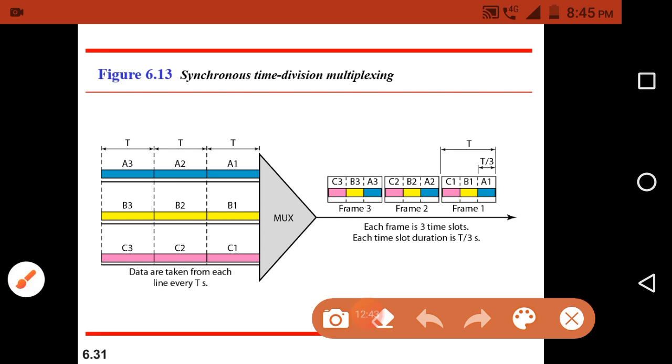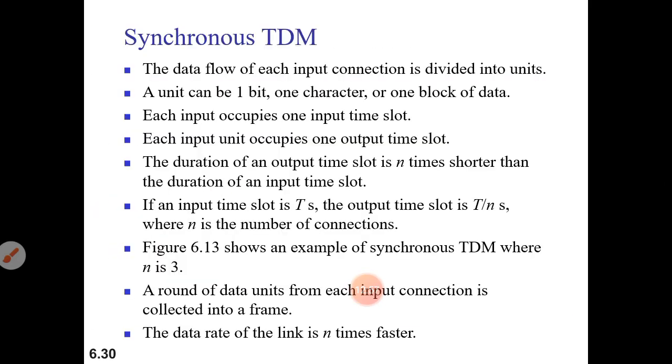Here 3 is the total number of connections, so the output time slot for A1 is T by the total number of connections, so 3 is there, T by 3. That is what they have mentioned: the input time slot is Ts, the output time slot will be T by n, where n is the number of connections.